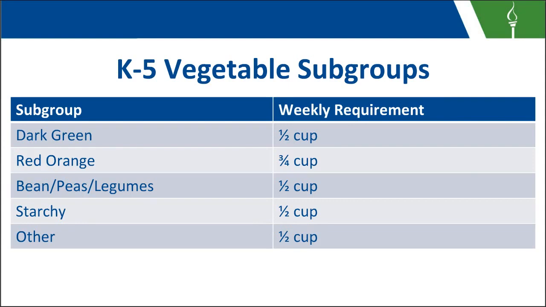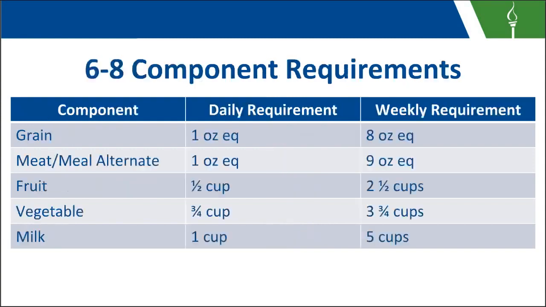Also keep in mind that if you were to offer just this weekly requirement, you would only be serving 2 3/4 cups over the course of the week, which is less than the vegetable component requirement for the week. So you will need to serve above and beyond these weekly subgroup requirements in order to meet the vegetable component requirement. But these are just the weekly minimums, so make sure you're meeting at least that requirement.